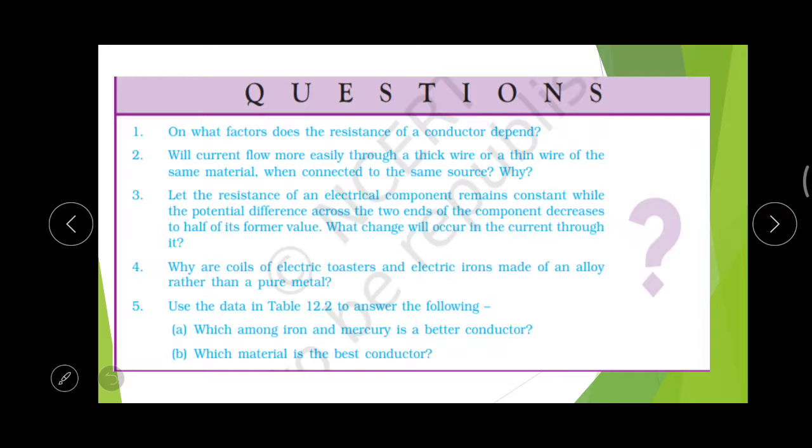So these are the three major factors on which the resistance of a conductor depends, where R is directly proportional to the length and inversely proportional to the area. That one is the cross sectional area, you have to add that also.